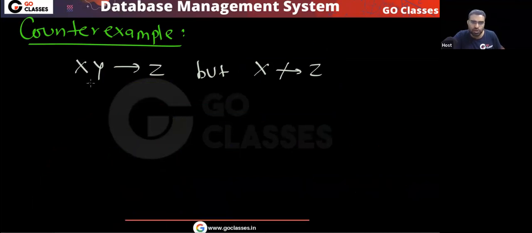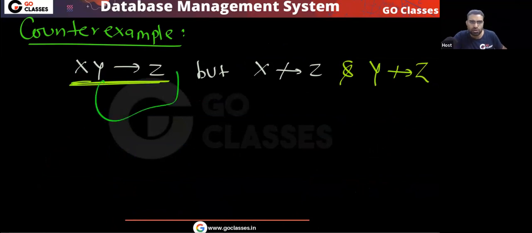Give me this type of situation: XY determines Z, but X does not determine Z and Y does not determine Z. Can you give me this type of situation? Yes, very simply, you can do this. For example, I can do like this: 1, 2, 1, 2.